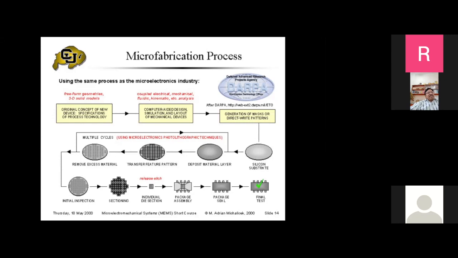Then you etch out unnecessary materials and put another layer on top of that, use lithography to pattern the next pattern, and so on. It's a repeated process. Photolithography, etching, oxidation, and deposition of materials and cutting out and so on goes on over several cycles. Once all the steps are done, you do a little bit of checking, inspection, and then dicing them into small individual devices, then packaging, sealing, and all that.